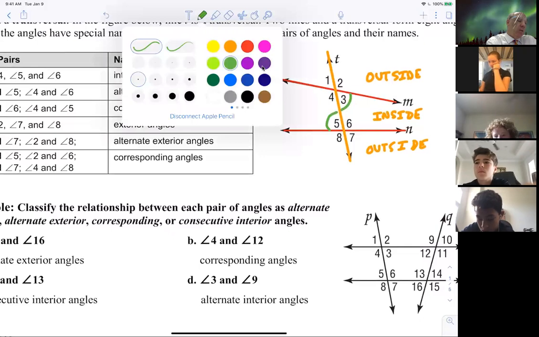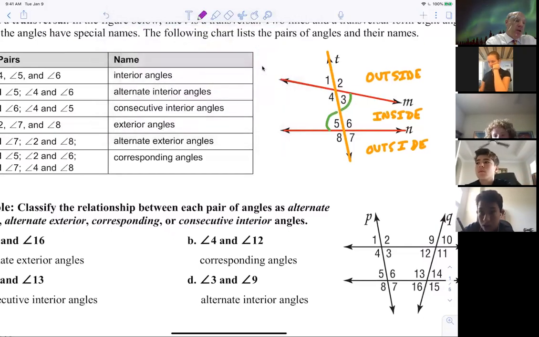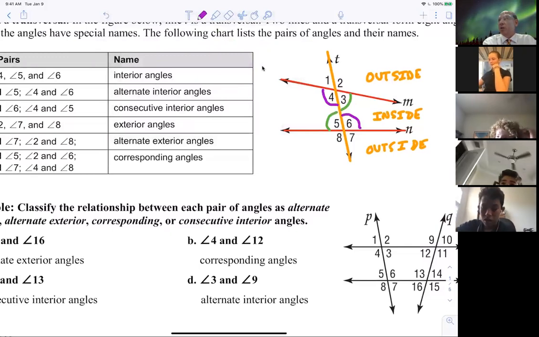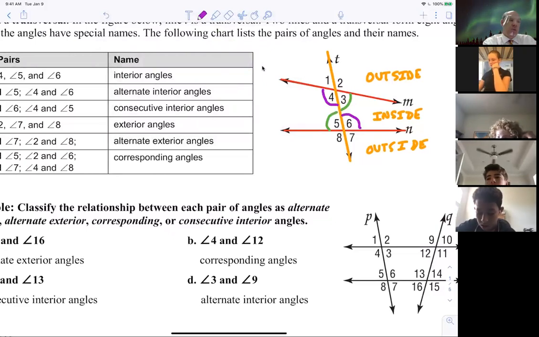Another alternate interior angles would be 4 and what? 4 and 6. Now again, I don't think you have to make many notes on that. To me, that's just common sense, right? You're inside and you're on alternating sides.